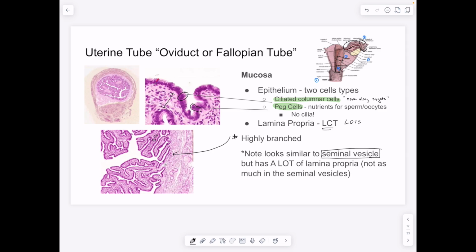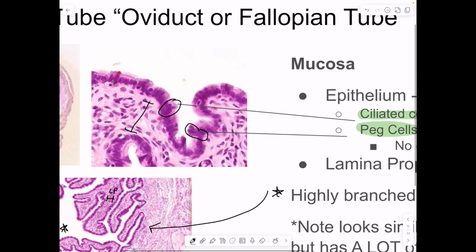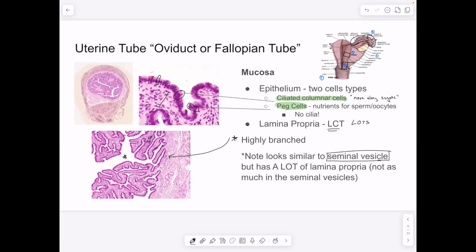So what's going on with the histology of the fallopian tube? Well, we have this very highly branched mucosa, and we have two cell types. Here we can see that we have a little bit of a fuzzy surface. Our first type is the ciliated columnar cell, which moves the zygote along.